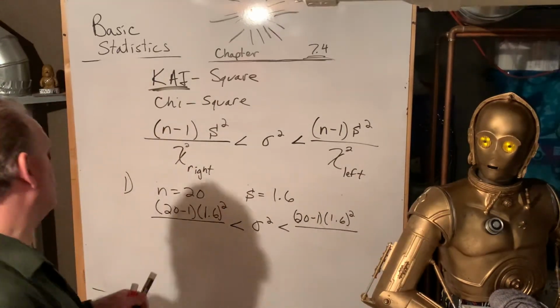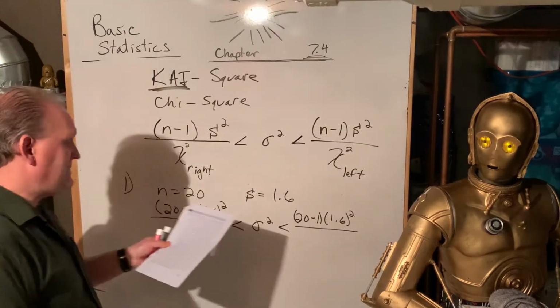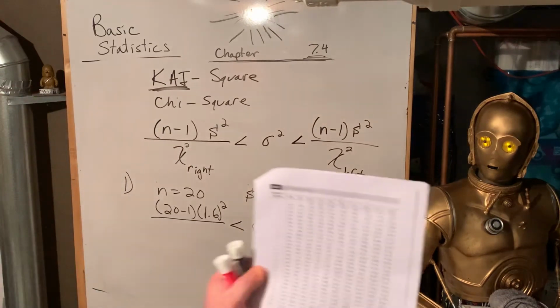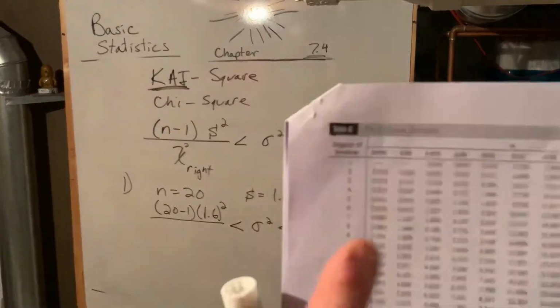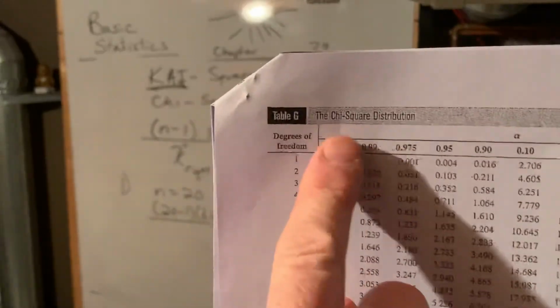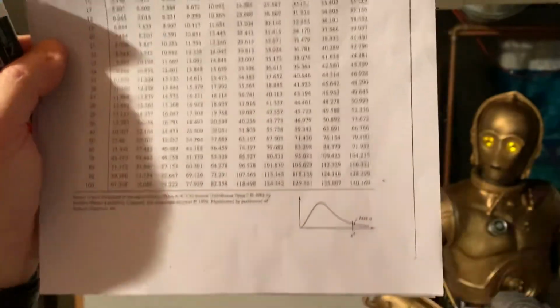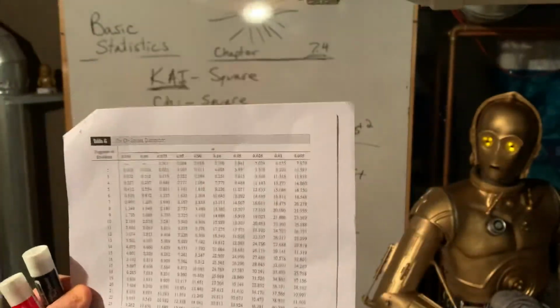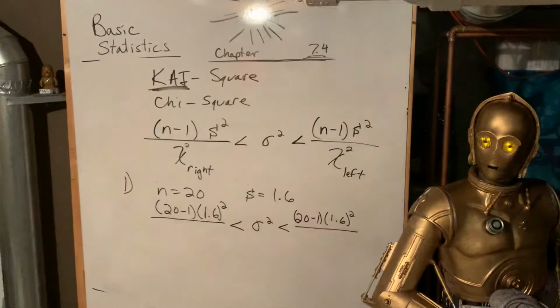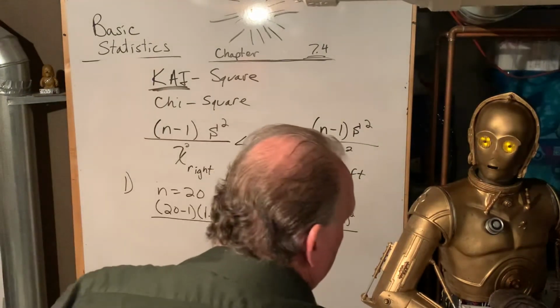Our degrees of freedom here are 19. On this chart, table G, is the chi-square distribution, but it's got a right-handed and a left-handed distribution. So there's sort of two different distributions at play here.